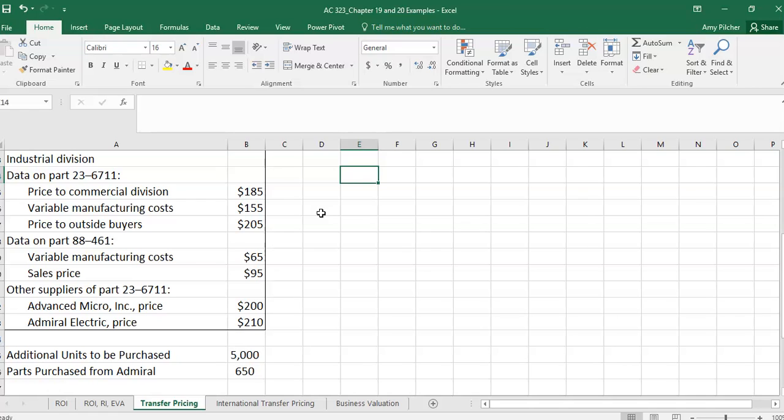So our best transfer price is to use the industrial division's $205 outside market price. We can really only justify a non-market price for transfer costing if there's not an outside market and the division's not at capacity, like we're not competing with their demand.